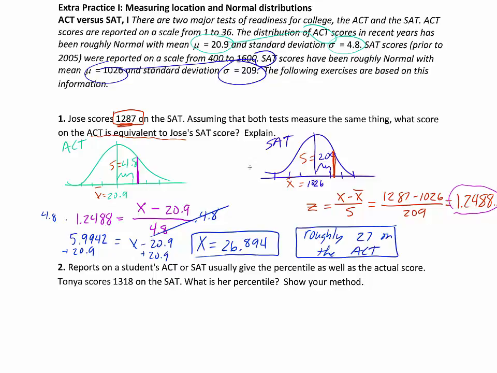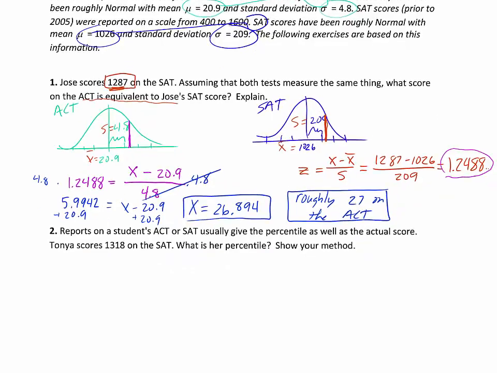So those would be comparable or equivalent scores if you had to compare across these. They are in the same position. The same area lies below the curve over there as the same amount of area lying below the curve over here. It's the same proportions.